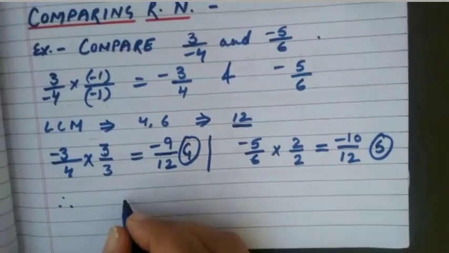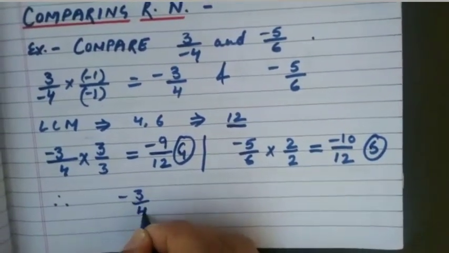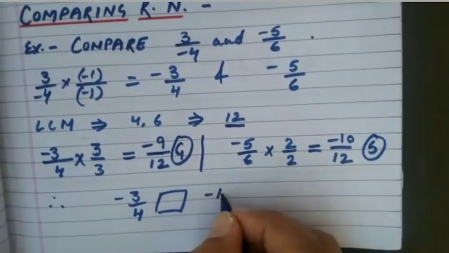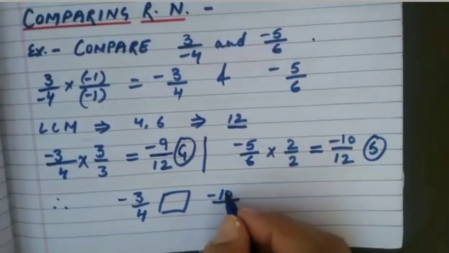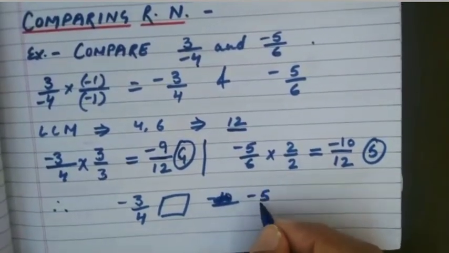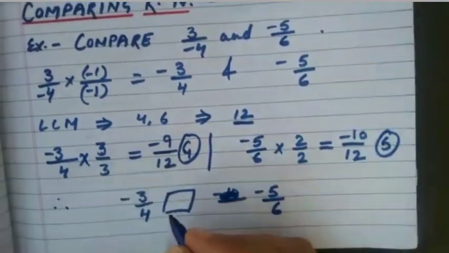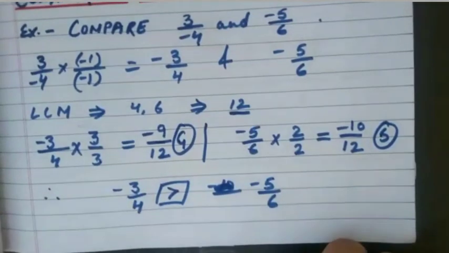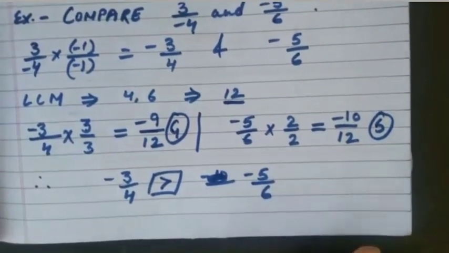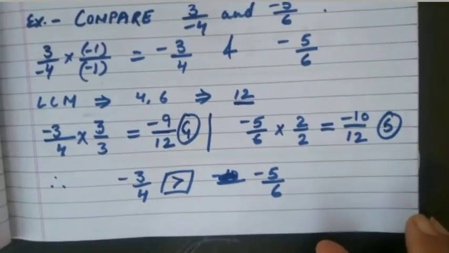So hence we can write minus 3 upon 4 and minus 5 upon 6. So which is greater? Minus 9 upon 12, which means minus 3 upon 4, is greater. So like this you can compare any two or more rational numbers.